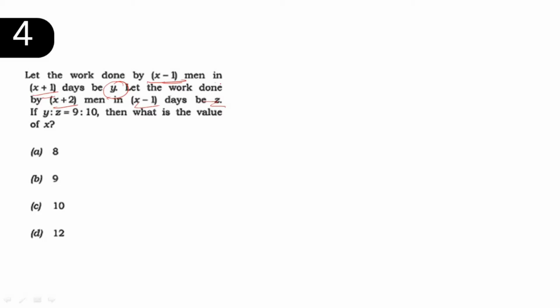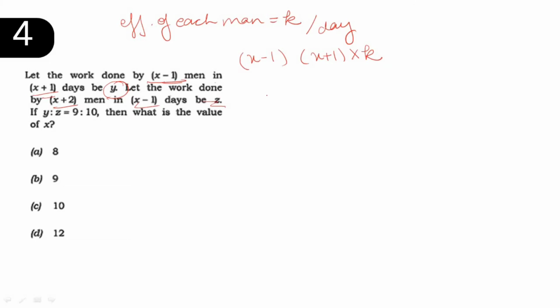So if we imagine the efficiency of each man, suppose the efficiency of each man is k. He does k work per day. Then x minus 1 men in x plus 1 days will do this much amount of work.